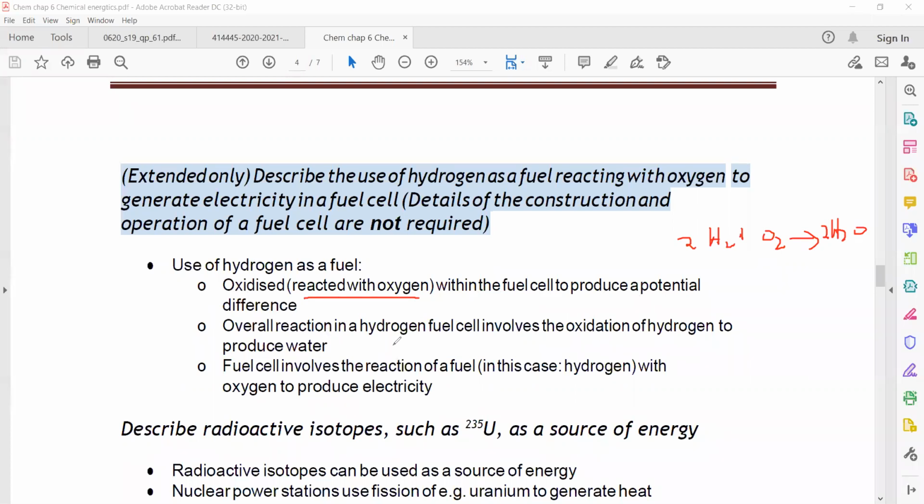The overall reaction of a hydrogen fuel cell involves an oxidation of hydrogen to produce water. The fuel cell involves the reaction of a fuel, in which hydrogen with oxygen will produce electricity. You can refer to this as combustion, but practically it's an oxidation rather than combustion, because of what happens in a fuel cell.